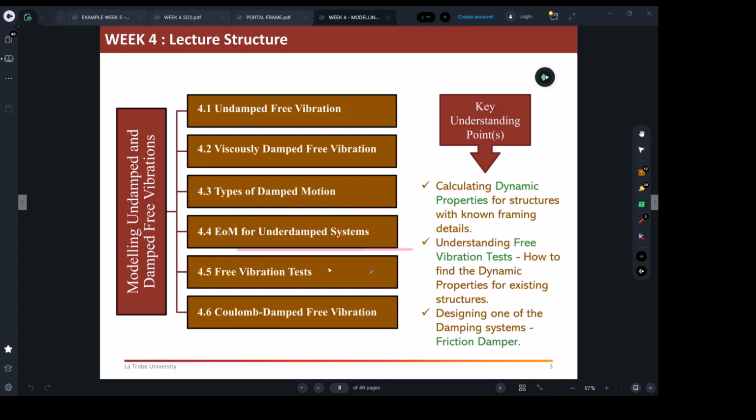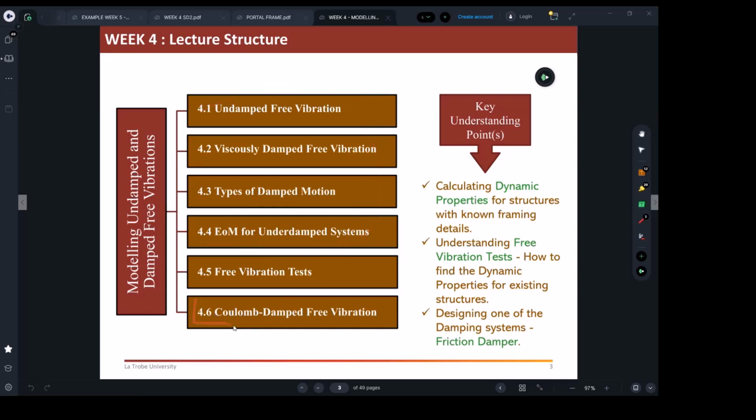Then when we're done with this, we're gonna do some practical cases: why we need to learn all these theories and how to practically implement them. One of the main usages is the free vibration test. If you have a heritage building and you want to assess its dynamic properties to make a report about its safety, you would do free vibration tests, and we're going to see how we use such knowledge in doing such tests.